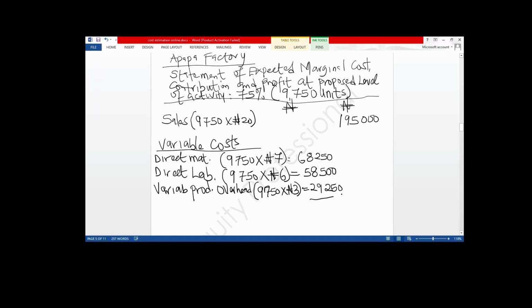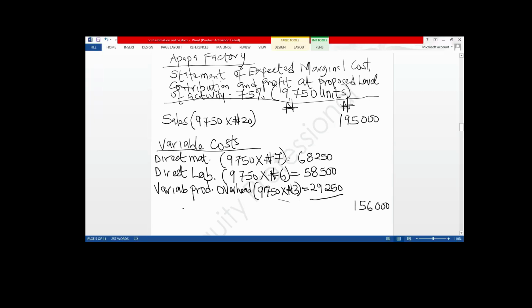You have taken all the variable costs. Now sum all your variable costs. That will give you your total marginal cost: 156,000 naira. This is the expected marginal cost if Apapa factory reduces production to the 75% level.